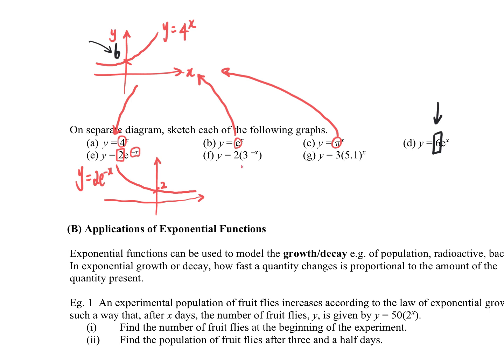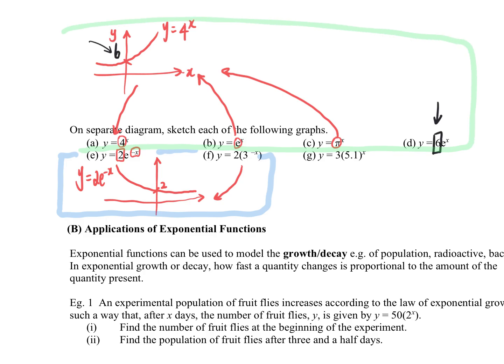Even if it's this, it's also this shape. Okay? So these two, E and F, share the same type of graph. And then, yeah, A, B, C, D, all the same type of graph. Okay, just that the y-intercept value is different.